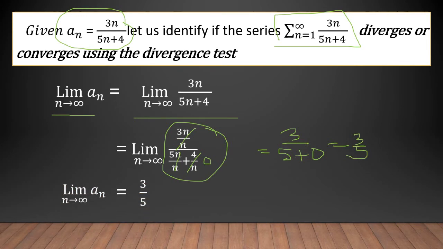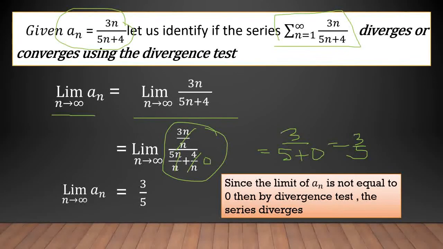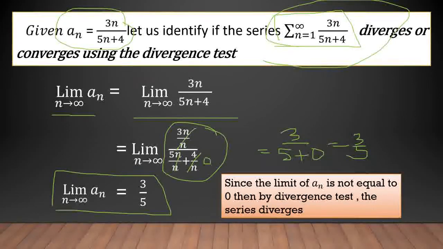So the limit of an as n approaches positive infinity is equal to 3/5. Again, the limit of an is not equal to 0. Therefore, by the divergence test, the given series is a divergent series.